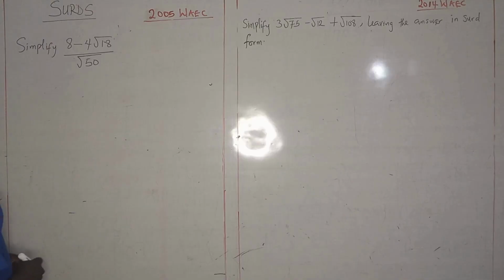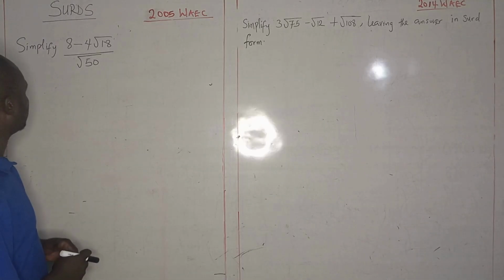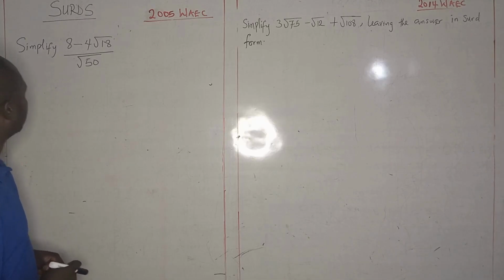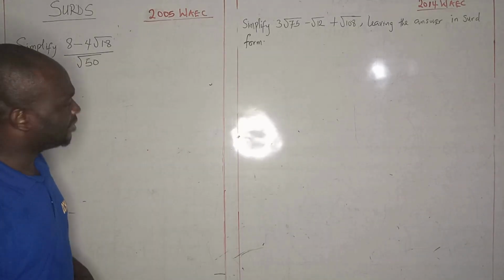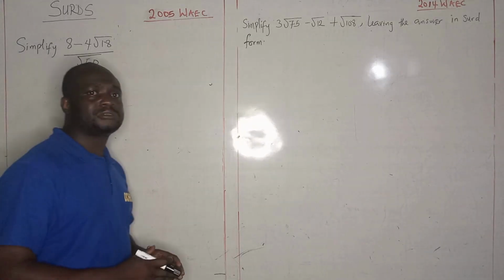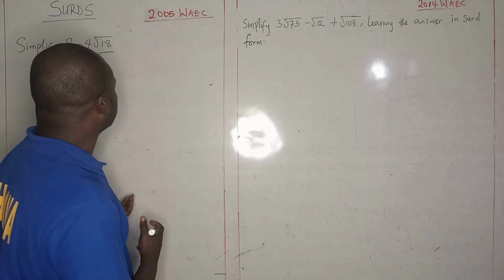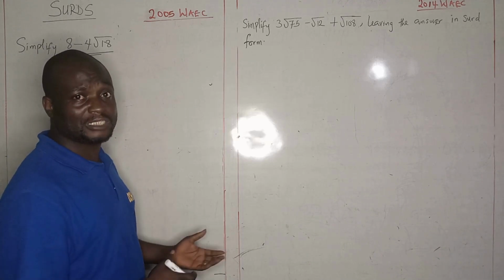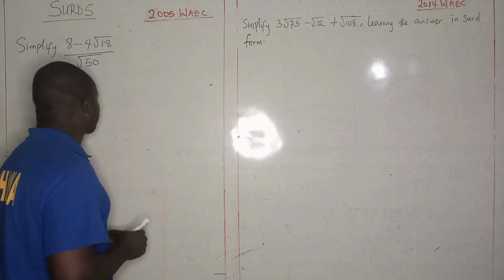This one says simplify 8 minus 4 root 18 divided by root 50, or over root 50. Now, this is quite simple. All you need to do is first do the things we did in the first question, where we look for numbers that have square roots.